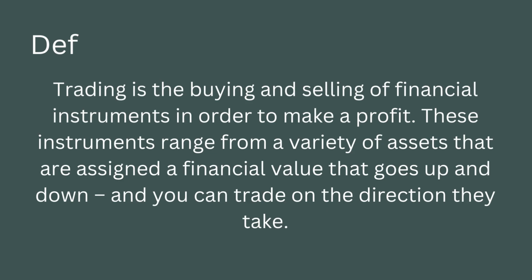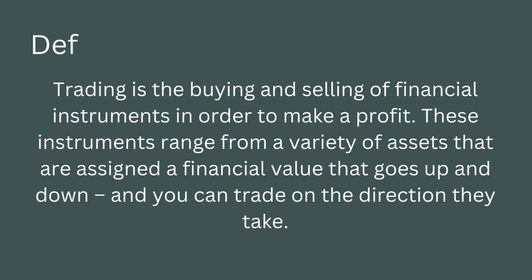These instruments range from a variety of assets that are assigned a financial value that goes up and down, and you can trade on the direction they take. That means you can take a position either when something goes up or when it goes down. You can choose to sell that thing, or you can choose to buy the thing, depending on analysis.